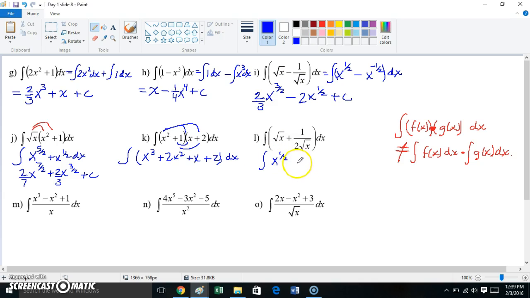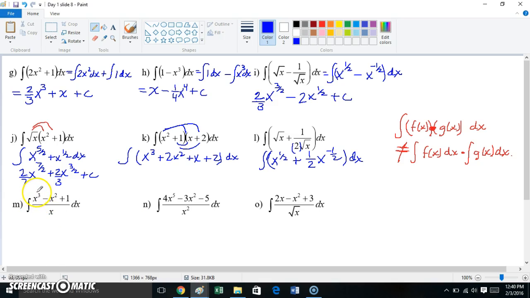So we have x to the 1/2 plus this 2 stays in the denominator. So this is 1/2 x to the negative 1/2 dx. Okay? All right, I'm going to skip answering that question, but I wanted to look at the rewrite so you know how to undo the derivative there. So finding the integral.